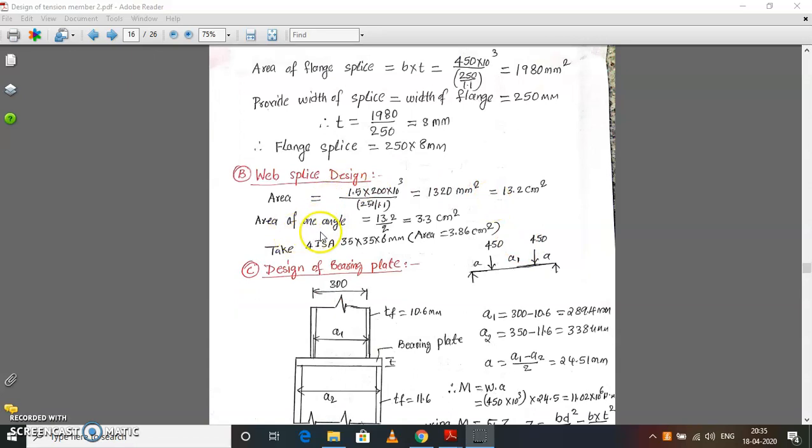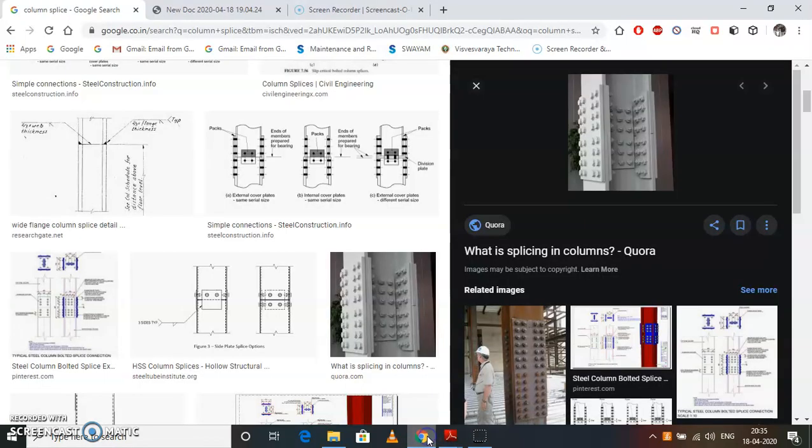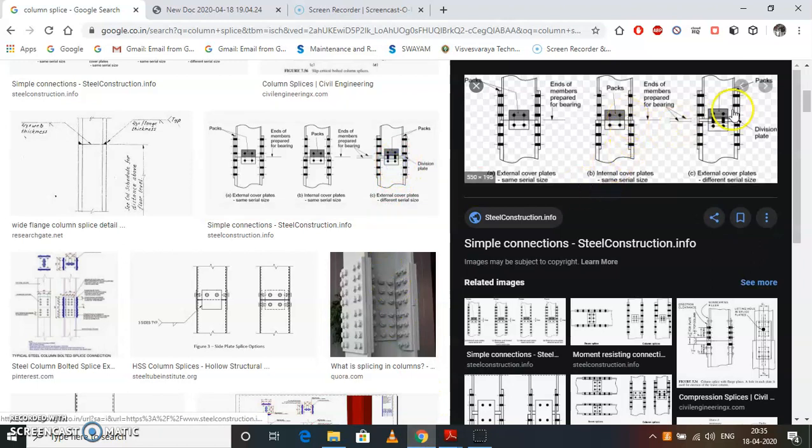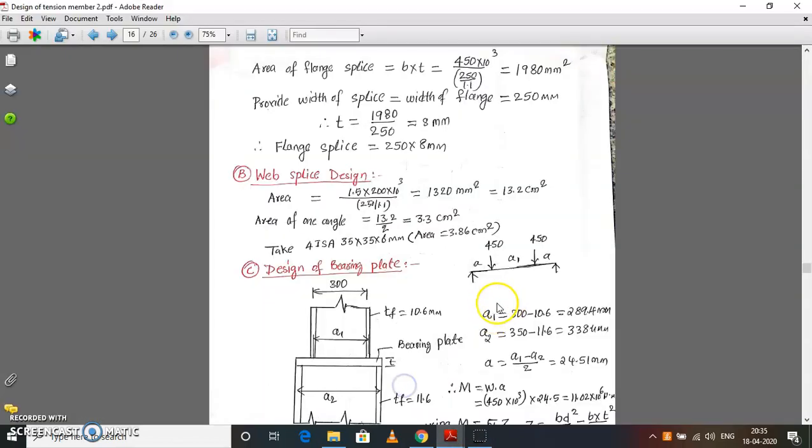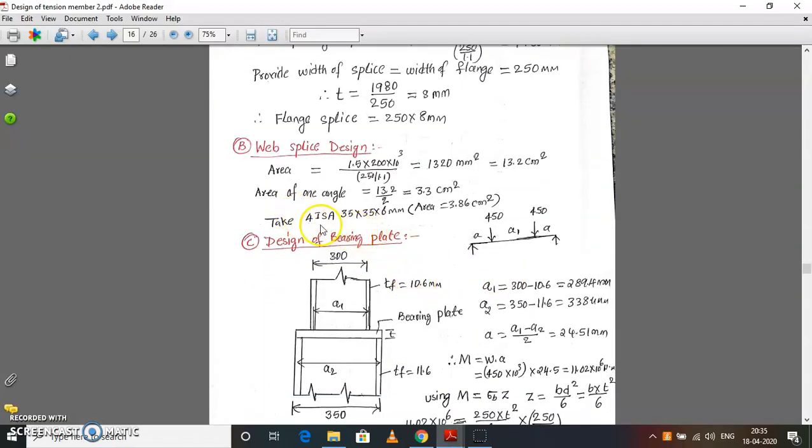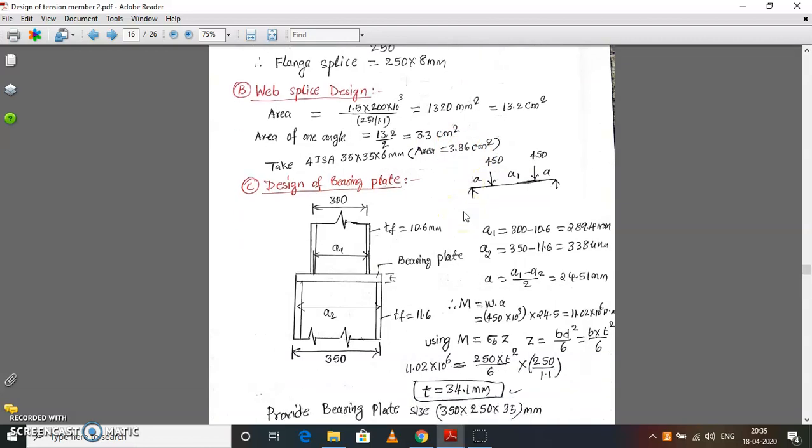Area of one angle is equal to 13.2 divided by 2, because we have to provide angles on both sides of the column, like this side and also the opposite side. So take 4 ISA 35 by 35 by 6 mm whose area is 3.86 centimeter square. So area of each angle is 3.86 centimeter square.